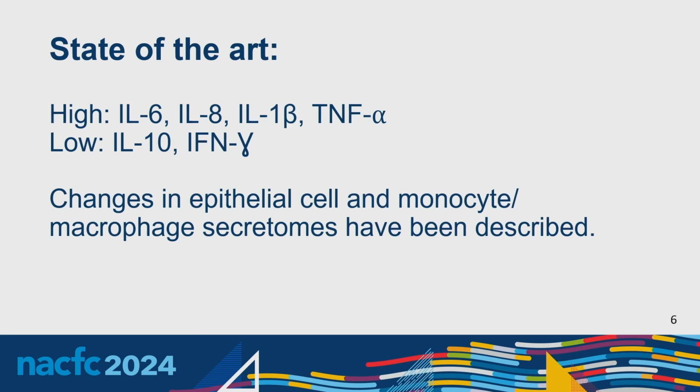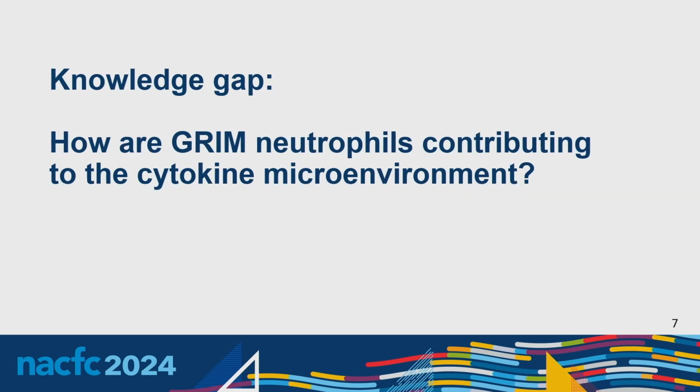There are also some changes in the epithelial cell and monocyte macrophage secretome that have been described in the literature so far. But what we do not know is how these GRIMs are contributing to the cytokine microenvironment. And that's the focus of this study.